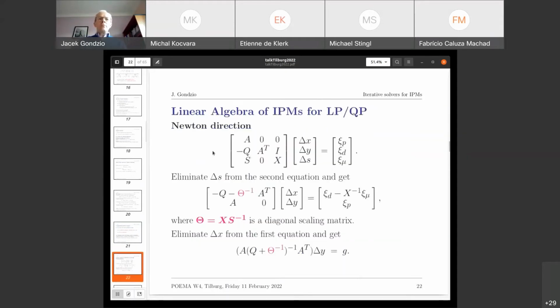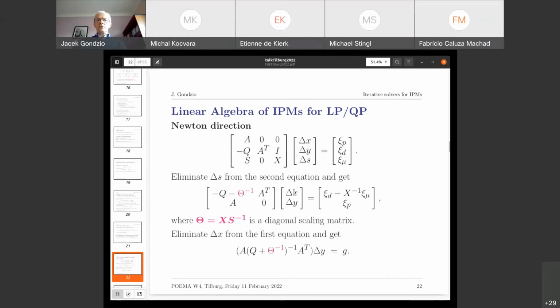Right, let me go back to the linear algebra of interior point methods in the simple case of LP or QP. So we have to solve the Newton equation, which is written here, and after eliminating the last component, delta S, in the unknown vector, you will obtain this augmented system in such a form.